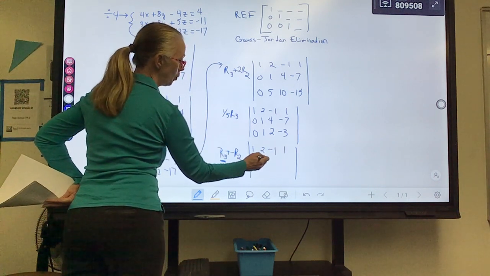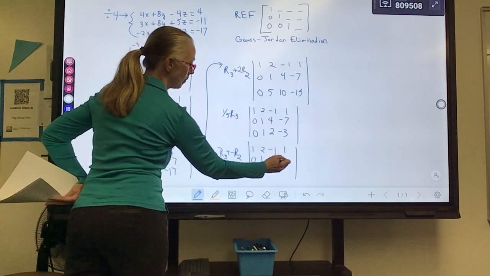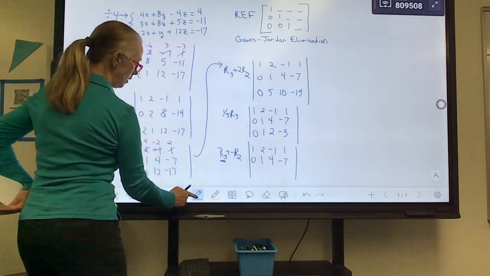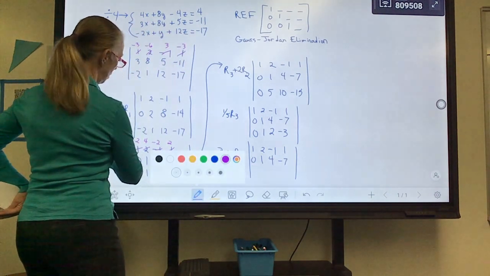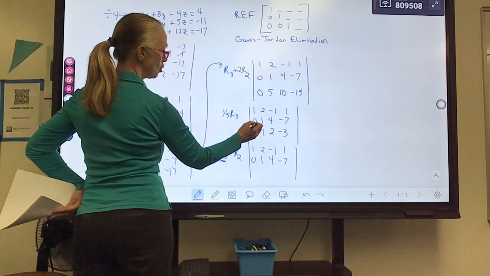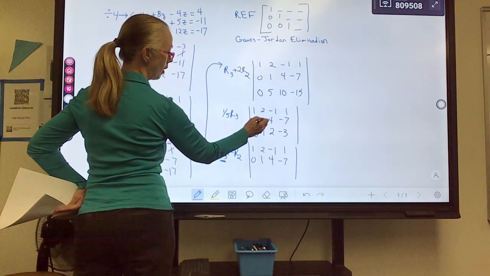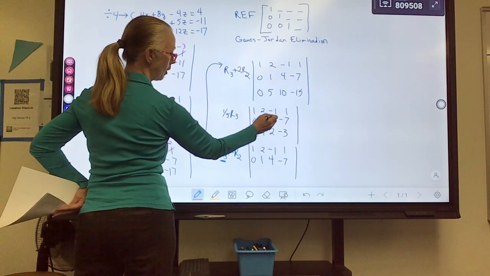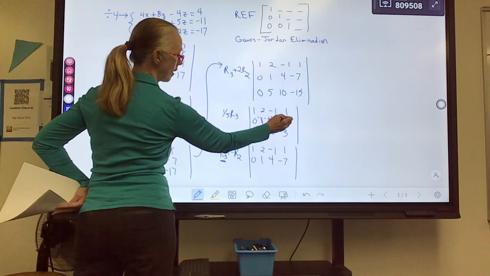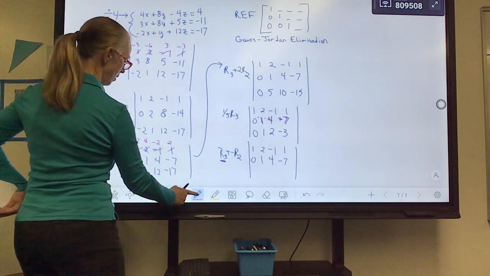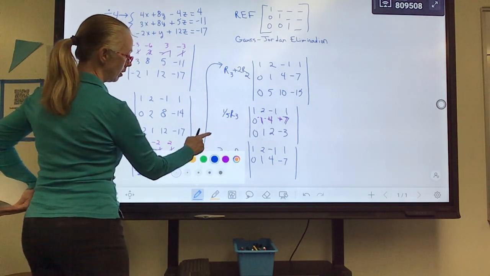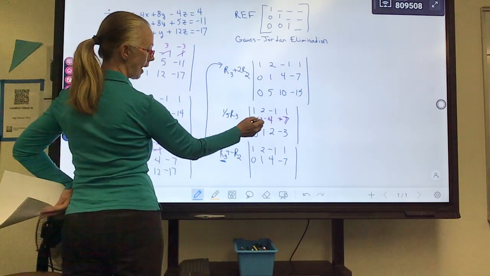Row 2 will remain the same. And if I negative row 2, that'll be a negative 1 here, a negative 4 here, and a positive 7 here. And now I'm going to add them together.